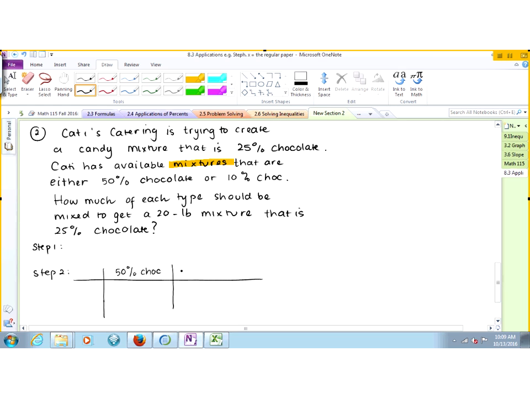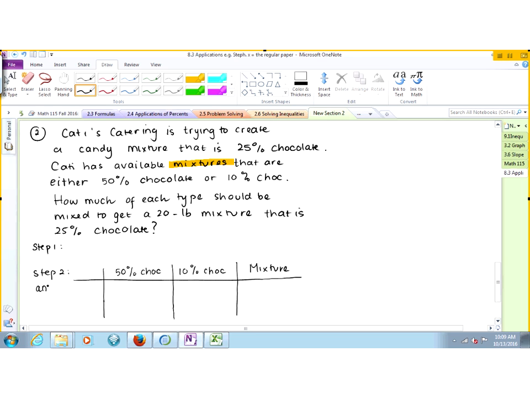So this is the one that you want to mix. What about the other one? 10% chocolate. And the last one is the mixture. The mixture is how many percent chocolate? 25%. Okay.